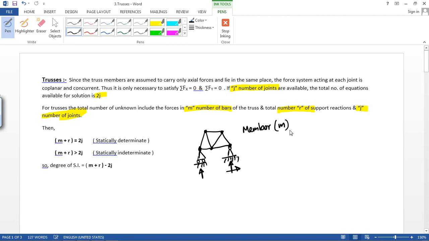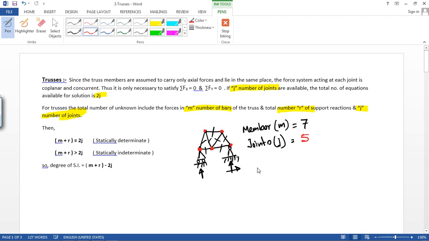Okay, so now the members, that is M, are: these are the members 1, 2, 3, 4, 5, 6, 7. There are 7 members. The joints, that is J, are 1, 2, 3, 4 and 5.